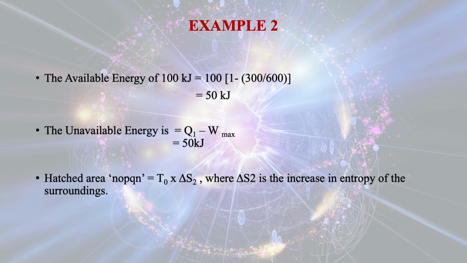But for this case, the available energy is 50 kilojoule and unavailable energy is 50 kilojoule, but initially the energy input was 100 kilojoule. So the unavailable energy can be expressed in the hatched area NOPQN in the figure, that is T naught multiplied by del S2, where del S2 is the increase in entropy of the surroundings.